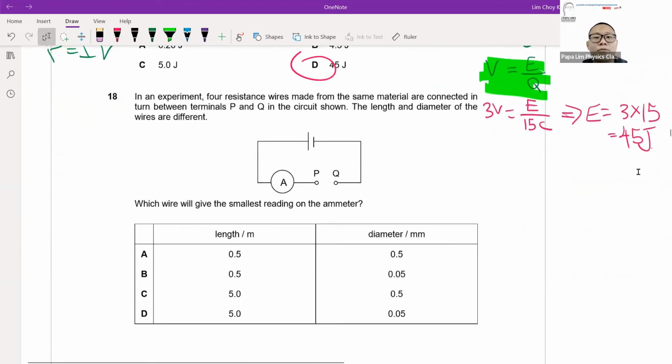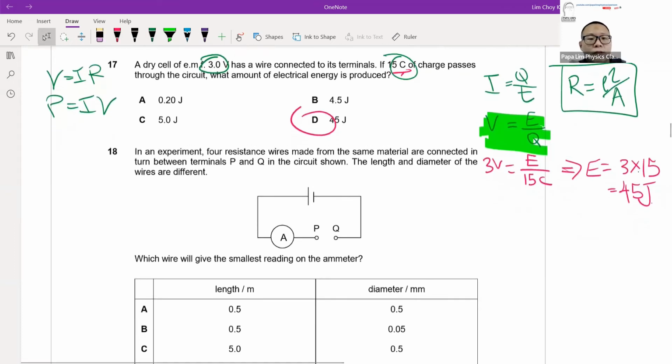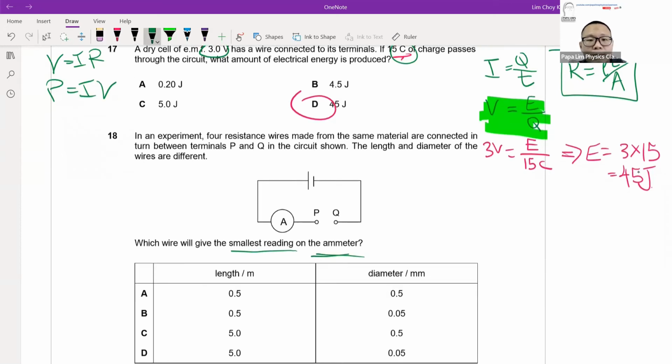Same thing, the formula. Question 18 we will look at is, if I'm not wrong, R equal rho L over A. Which of the value gives the smallest reading in the ammeter? Now, for the ammeter, for the current to be small, one of the characteristics is that the resistance must be large.